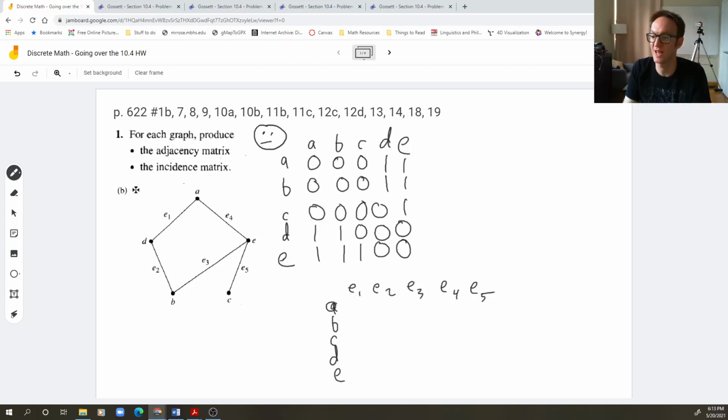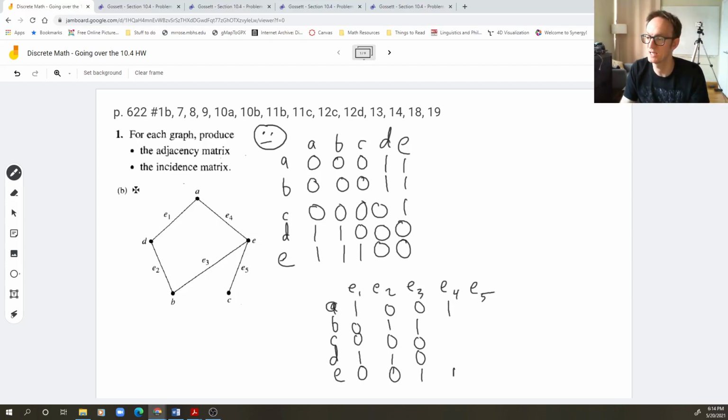It's the edge between A and D. So 1, 1. What is edge E2? It's the edge between D and B. What is edge 3? It's the edge between E and B. E4 is the edge between A and E. And E5 is the edge between E and C.